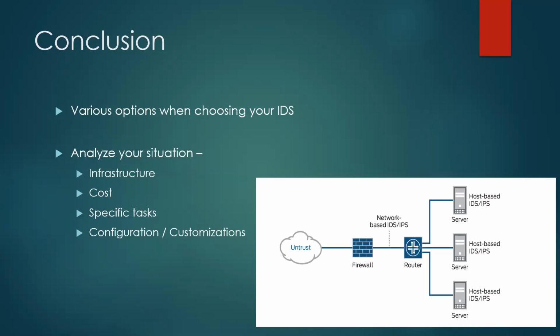In the bottom right is the diagram from an earlier slide. This diagram places a network intrusion detection and prevention system at the entry point of a network, which can prevent and protect against several attacks.